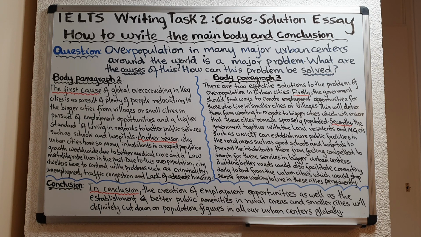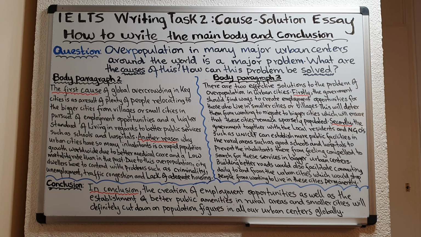Let's look at what I have written. The first cause of global overcrowding in key cities is as a result of plenty of people relocating to bigger cities from villages or small cities in pursuit of employment opportunities and a higher standard of living in regards to public services such as schools and hospitals.